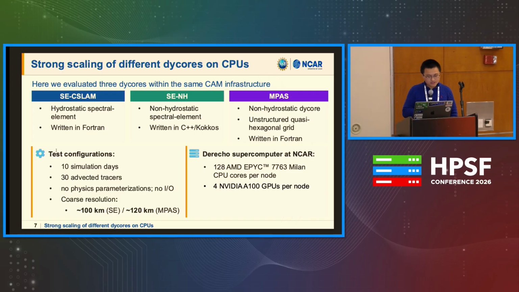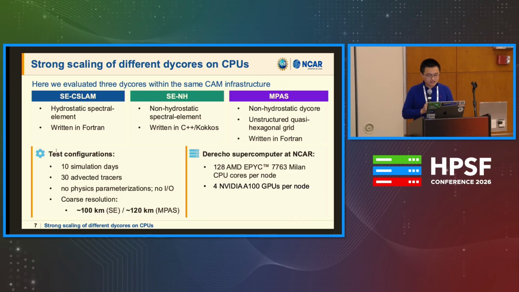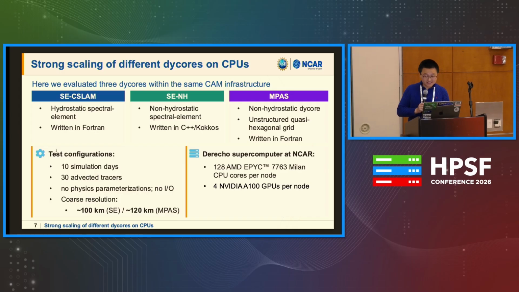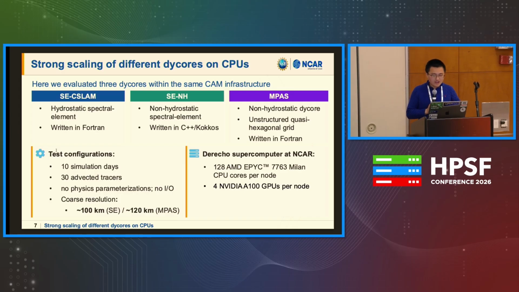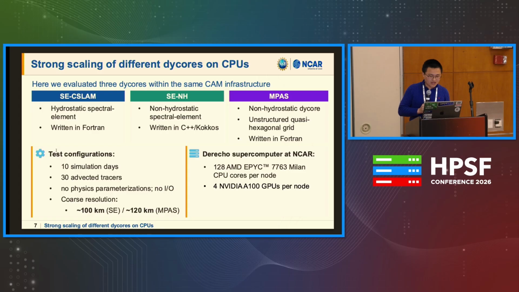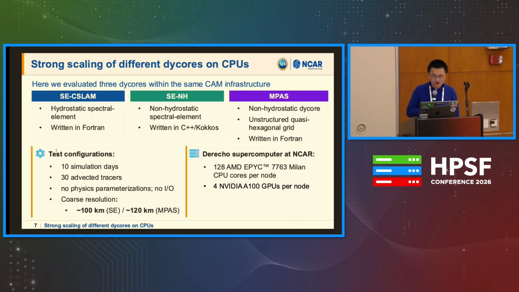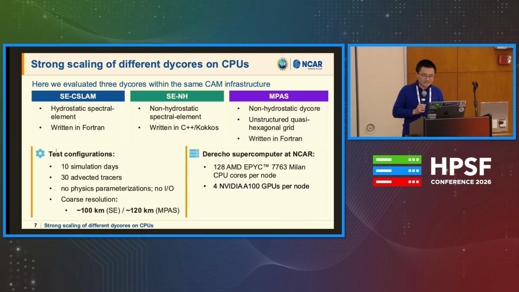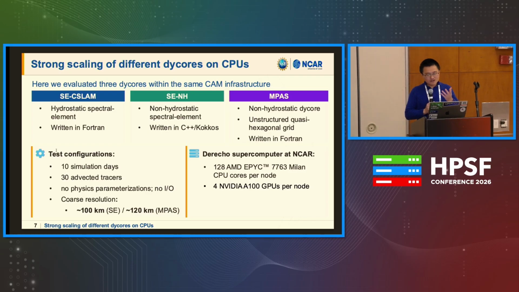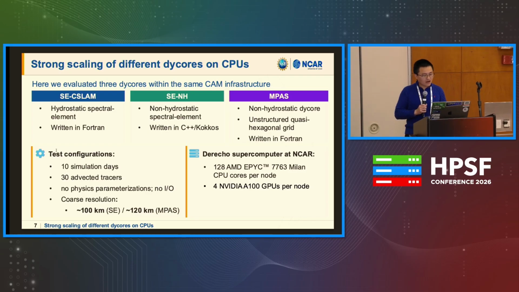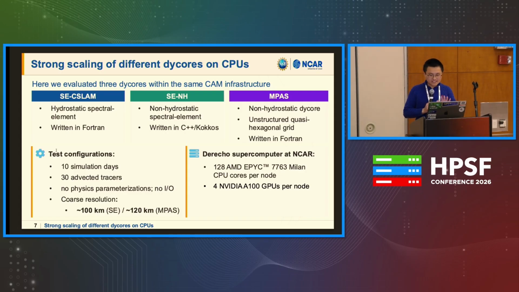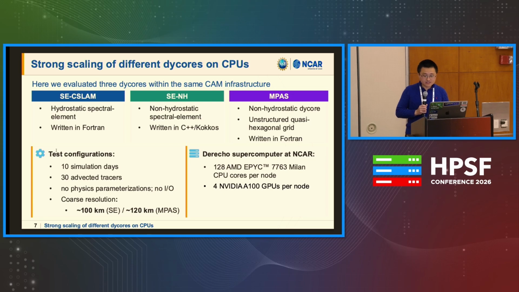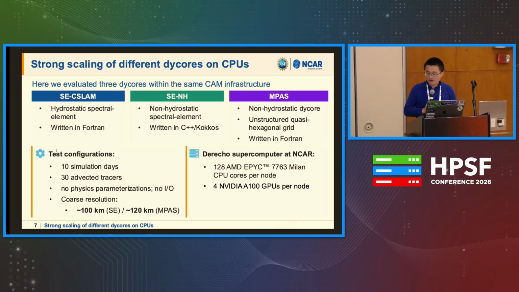In this slide, I will just focus on the coarse resolution simulation. And by coarse, I mean roughly 100 kilometers resolution for the SE dycore or 120 kilometers for the MPAS dycore. Because I'm only interested in the dycore performance, I turn off all the physics parameterization and I/O explicitly, so all the timing is only from the dycore. For the architecture, I first test our own supercomputer called Derecho at NCAR.